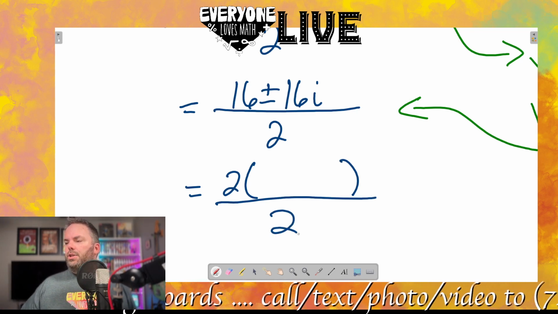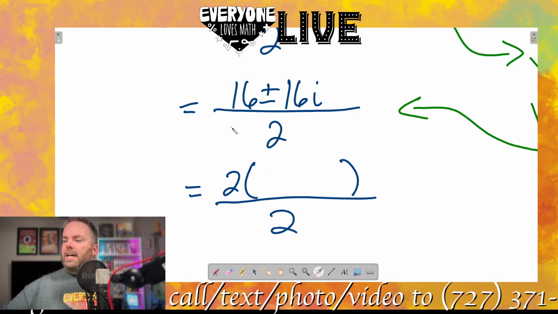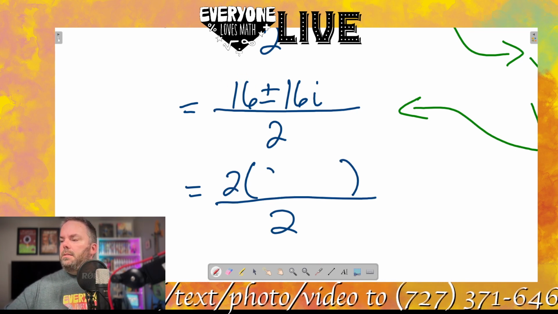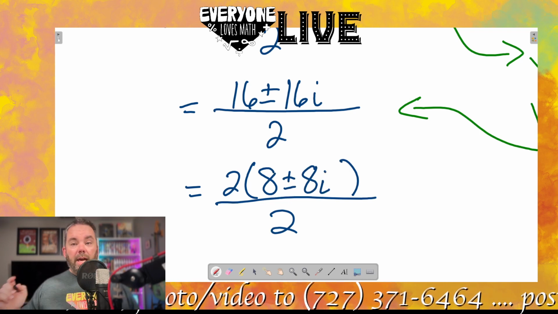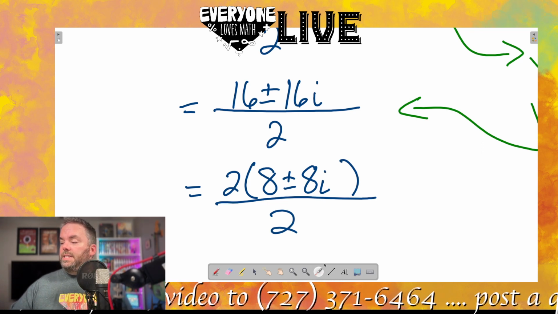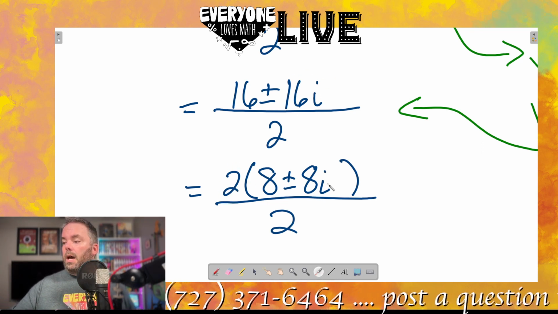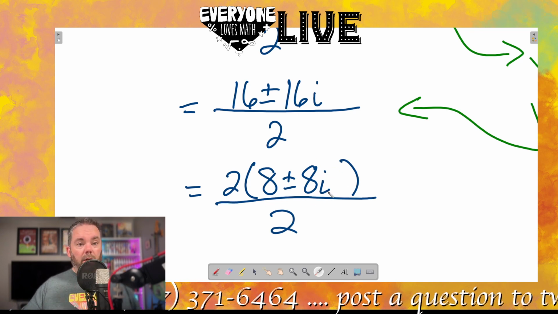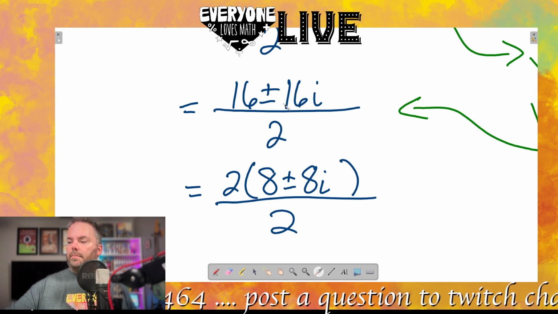If I factor a 2 out, 16 leaves me with 8, plus or minus 8i. Where did the 8i come from? If I have 16i and I factor out that 2, I have 8i. Alternately, 8i times 2 gives us that 16i.